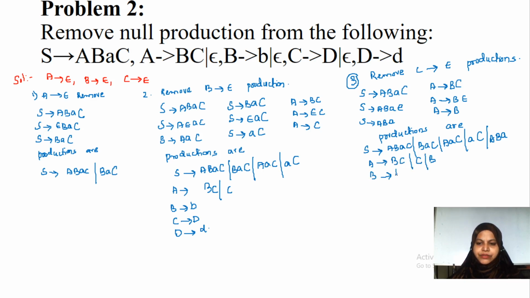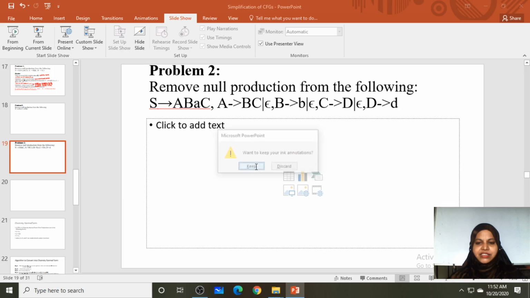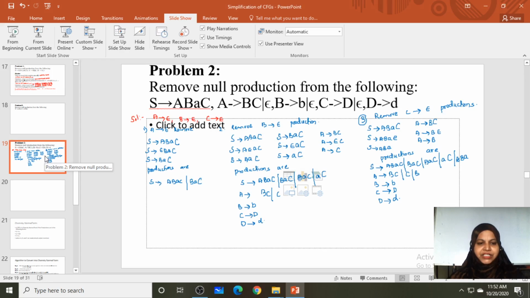B tends to B, C tends to D, D tends to D, right? Now see here, A tends to epsilon, B tends to epsilon, C tends to epsilon is there. Now we have to take the combination of these things. How we are going to take the combination for this one?